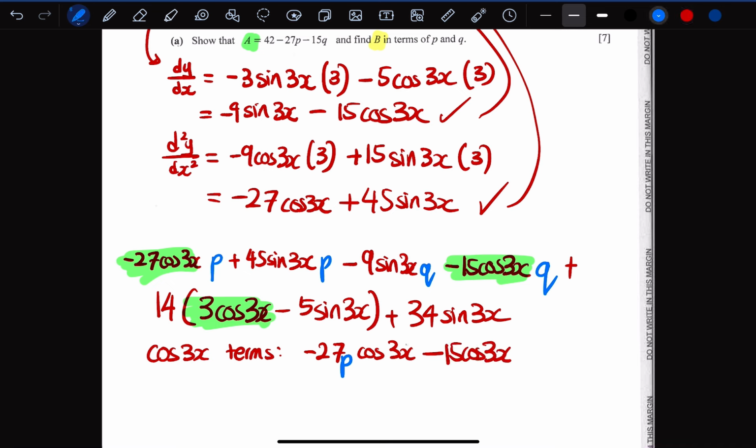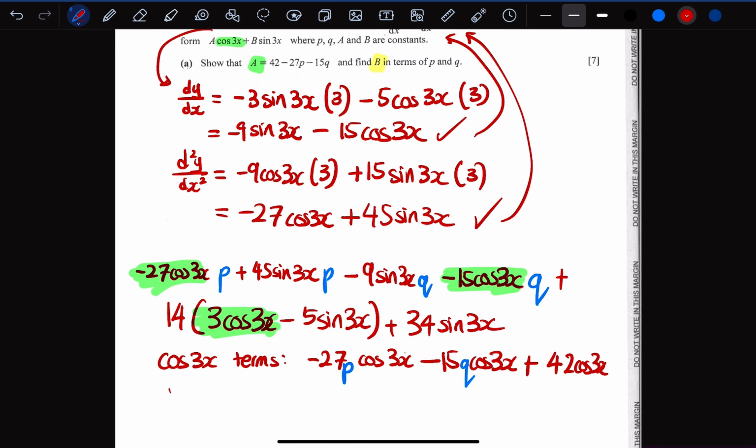In this case, I'm going to add the q again, moving it all to the back. Adding the q. And then we're going to add, in this case, 14 times 3, we get 42, and it's a plus because this is positive. This is positive as well. So plus 42 cosine 3x.